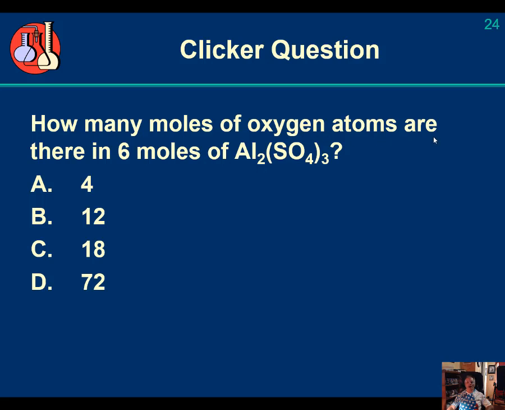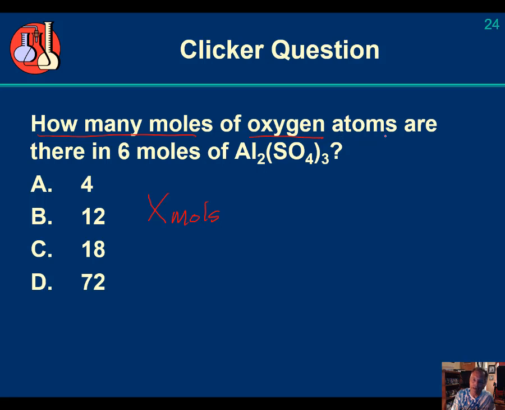All right, so let's ask this question. How many moles of oxygen atoms are there in 6 moles of this compound? This is aluminum sulfate, an ionic compound. And so here's how you do it. Do it like you would a dimensional analysis problem. You have an X factor. The how many moles is your X factor. This is moles of oxygen.